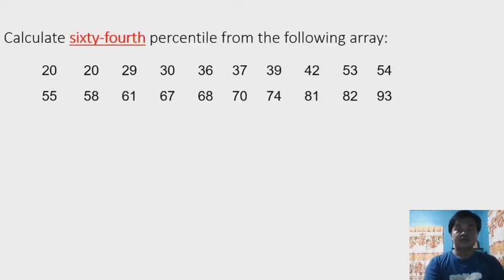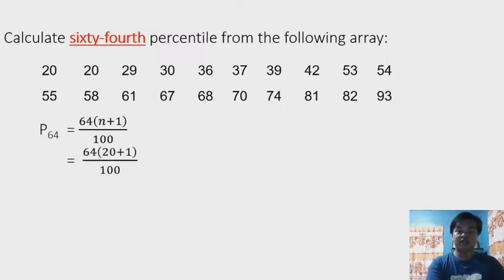The last example para sa ungroup data, calculate 64th percentile from the same given data. So, we are going to use this formula. P64 is equal to 64 times n plus 1 over 100. Then substitute the value of n, which is 20. Then add 20 plus 1. The answer is 21.